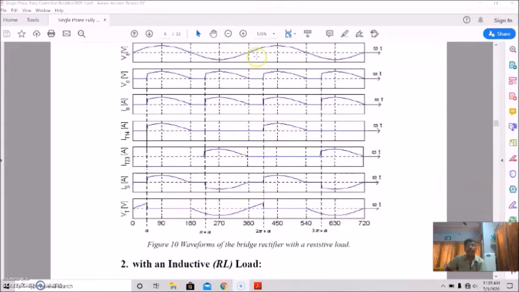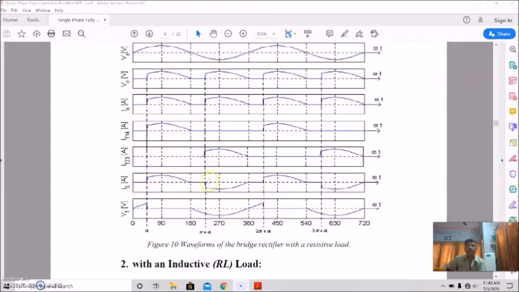For the next positive half, this is thyristor 4 during conduction. For the negative half, thyristor 2 is under conduction, and this is the current due to thyristor 3. Here, this is the source current. If you merge these two, it will be like this.